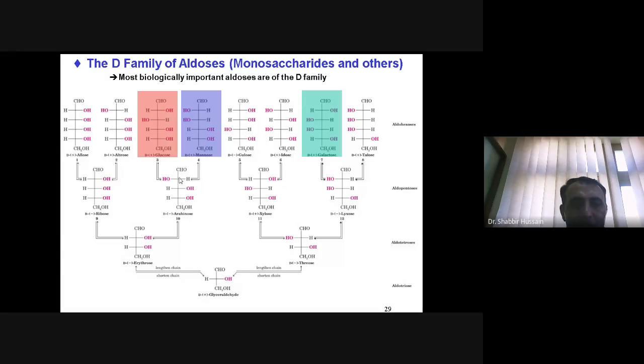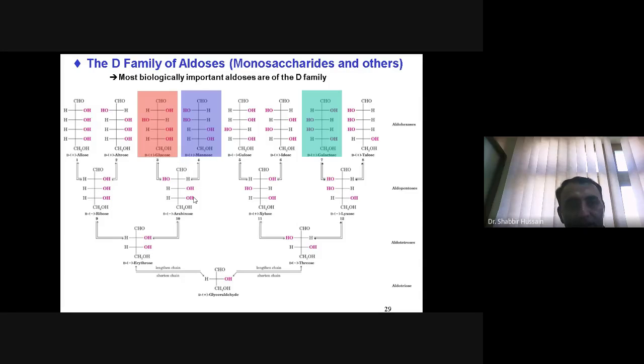Similarly, if you are talking about this ribose or this D-arabinose, why is it called a D? Because in the highest stereogenic center, the first one is this one, second one is this one, and third one is this one. So the highest stereogenic center, that is carbon number 4 in arabinose, the hydroxy is towards right side.